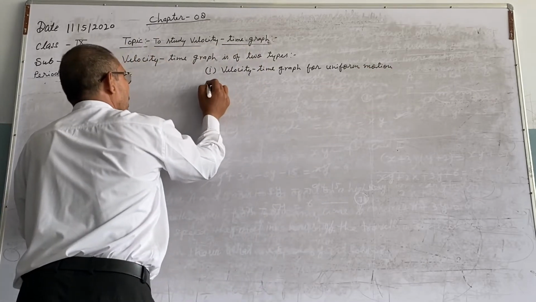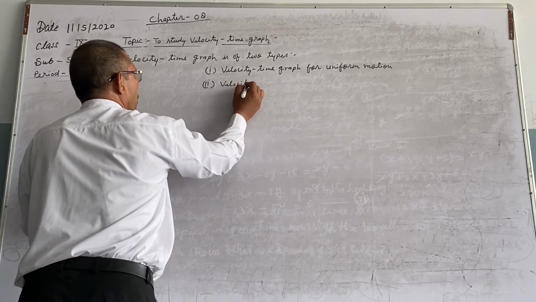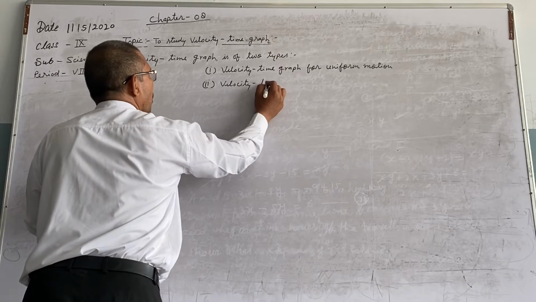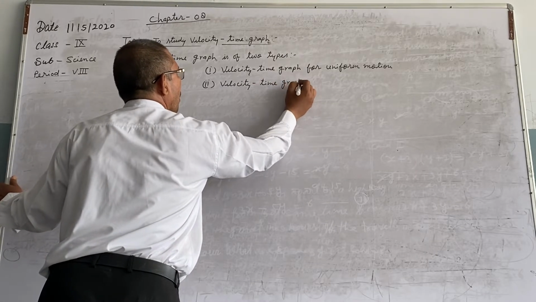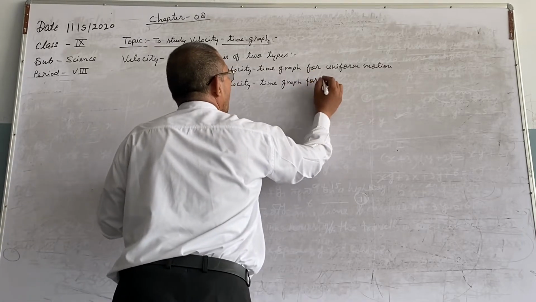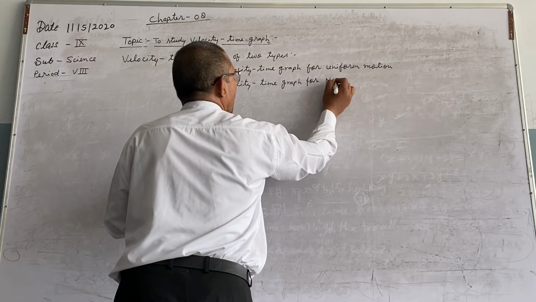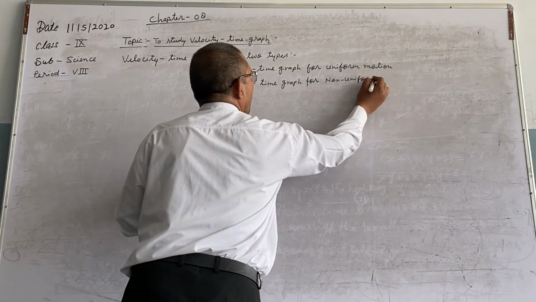Second, velocity time graph for non-uniform motion.